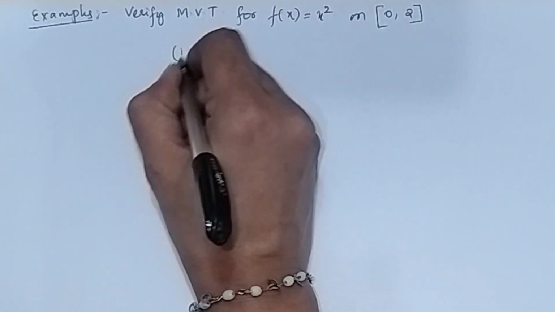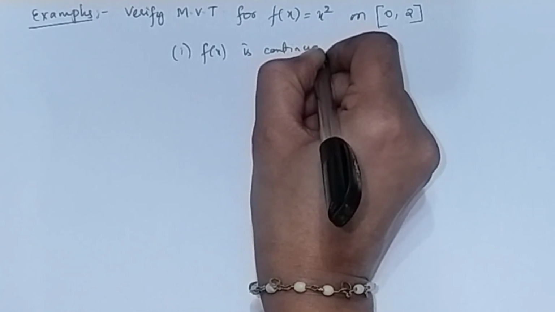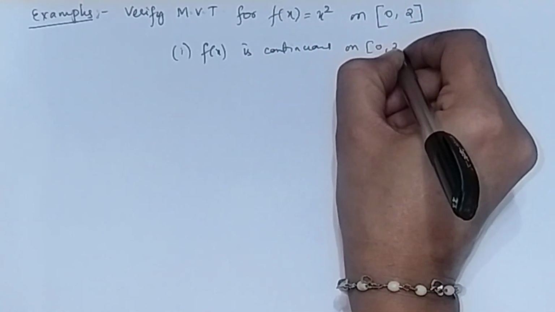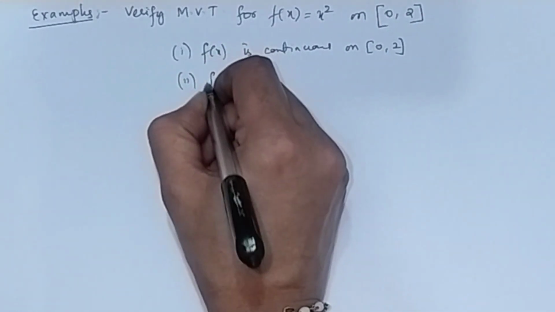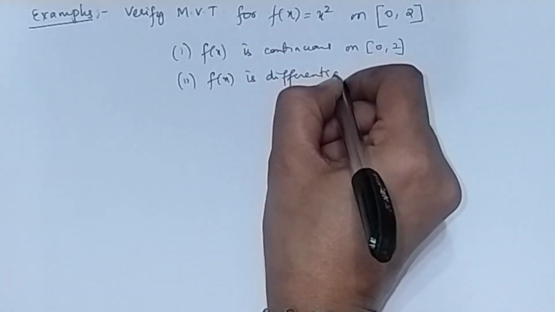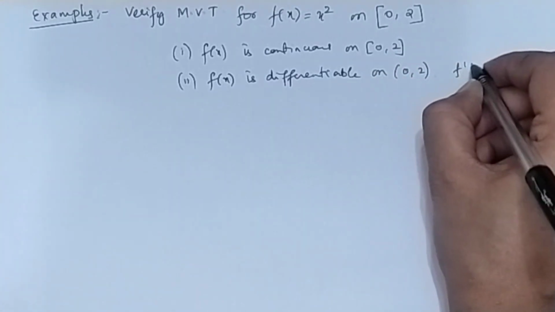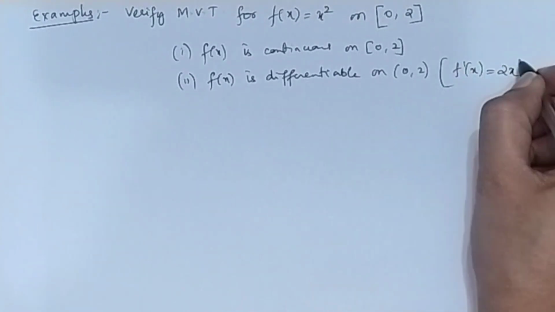So clearly your f of x is continuous on the closed interval 0, 2, and this function is differentiable on the open interval 0, 2. Directly write the derivative of this function, that is f dash of x is equal to 2x.